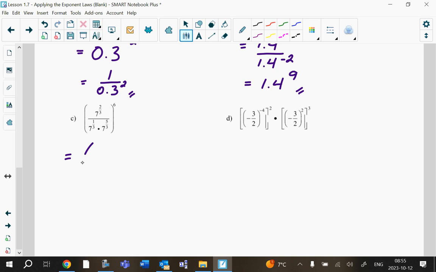So I'm not touching this. Add the exponents. What is 1/3 plus 5/3? 6 over 3.